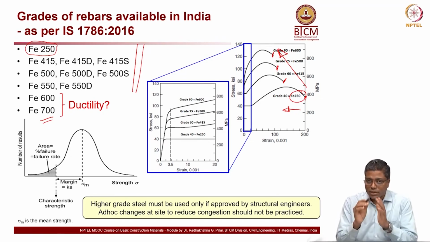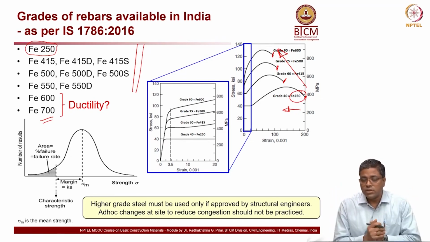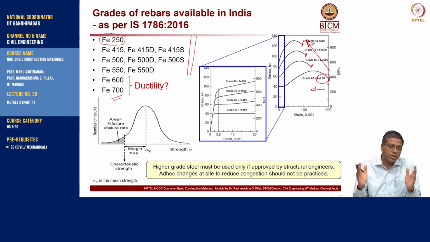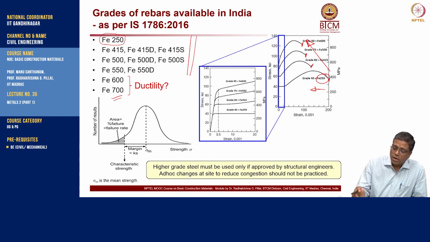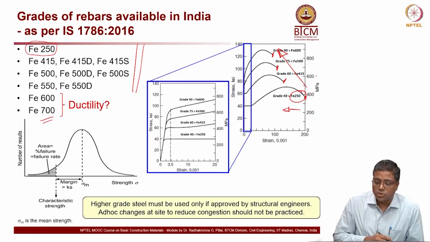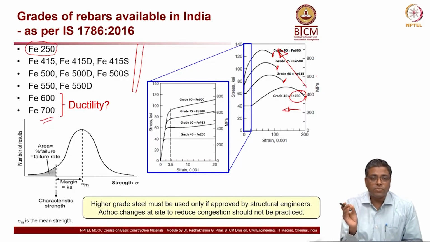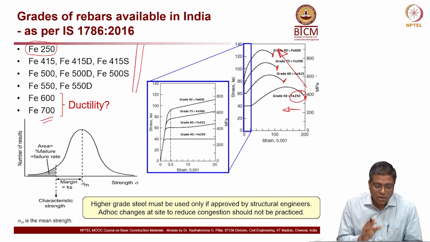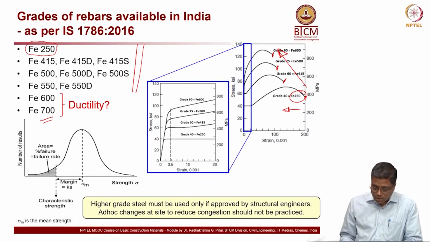Ductility is essentially the width of the stress strain graph in the plastic zone. What you see is as the strength of the reinforcement increases from 250 to let's say 600 as shown on the graph, the width of the graph is decreasing. That means ductility is decreasing. This is something important to look at also.